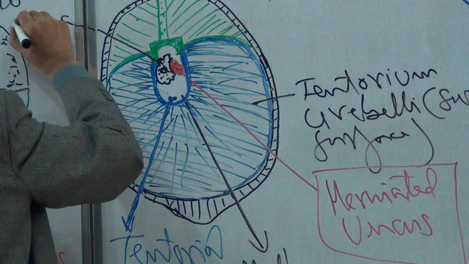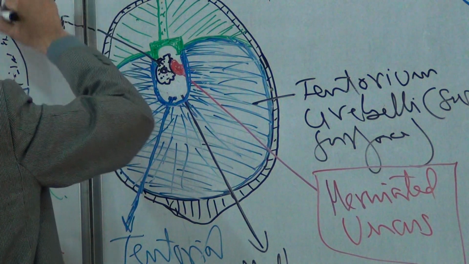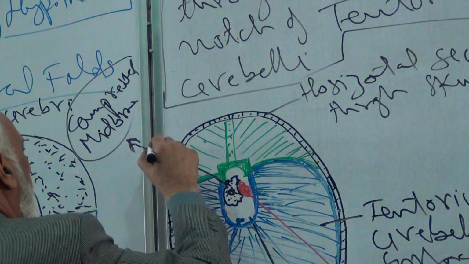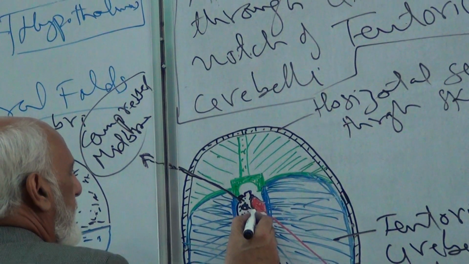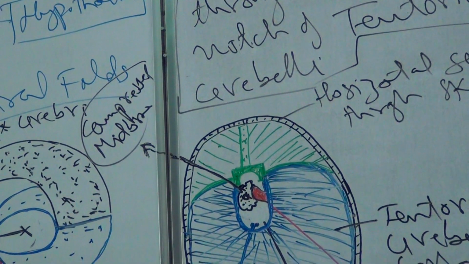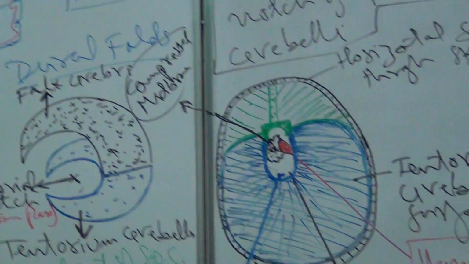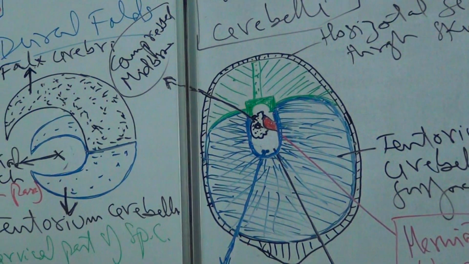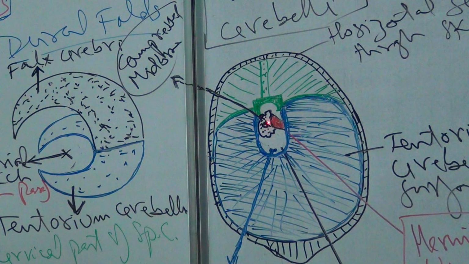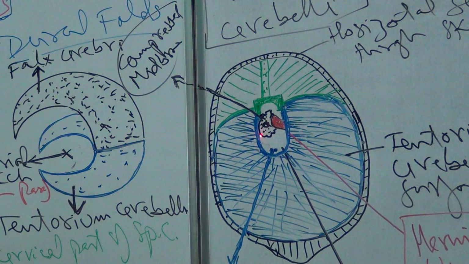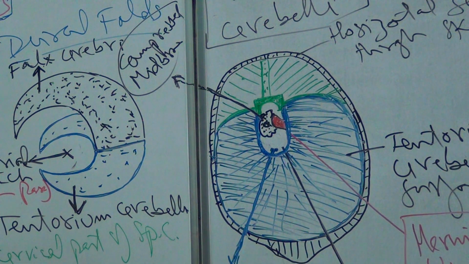The herniated uncus will herniate into the tentorial notch, and because the midbrain traverses the tentorial notch, this herniation of the uncus will compress the midbrain to one side against the edges of the tentorial notch of the tentorium cerebelli.